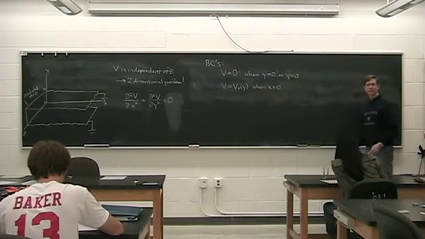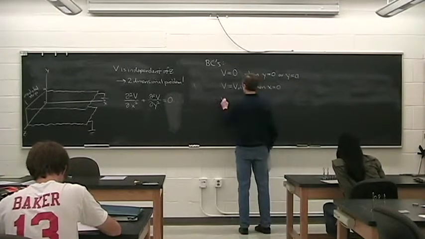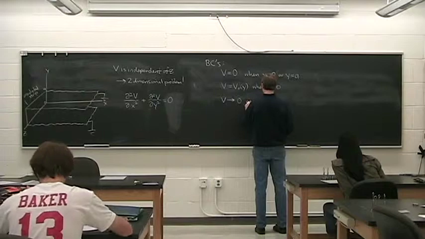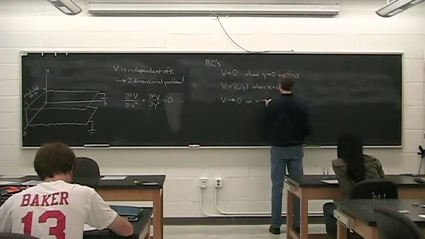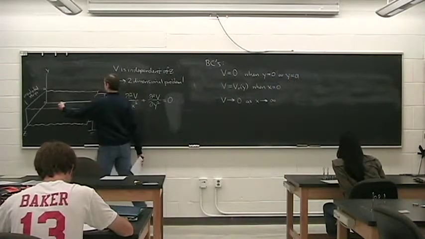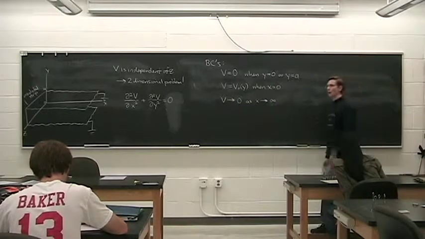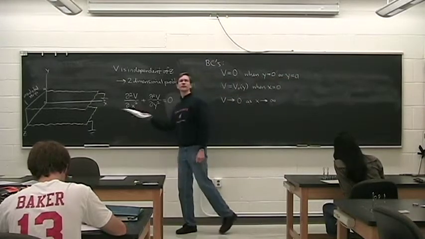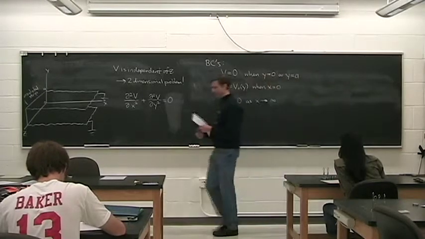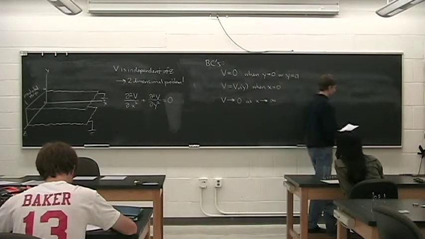That's the insulating strip that's maintained at some fixed known potential as a function of Y. And the other boundary condition, which is the one you have to always remind yourself to think about, is that V goes to 0 as X goes to infinity. In other words, if you go infinitely far along the X-axis here, the potential ought to go to 0. Way, way, way out there. It's like there's a conductor at infinity where the potential goes to 0, if you will. Okay? This is our quest to solve Laplace's equation with these boundary conditions.